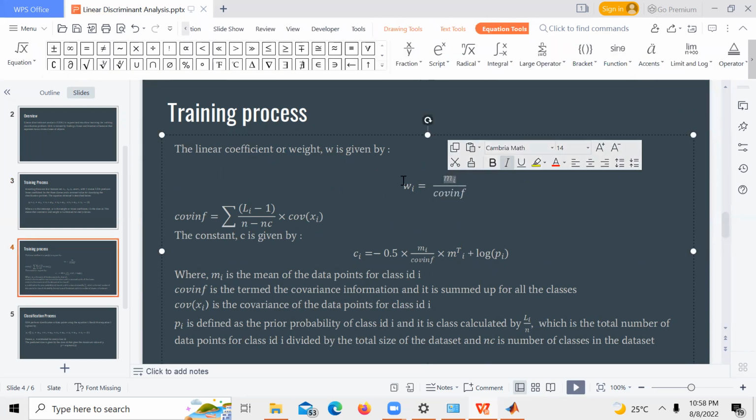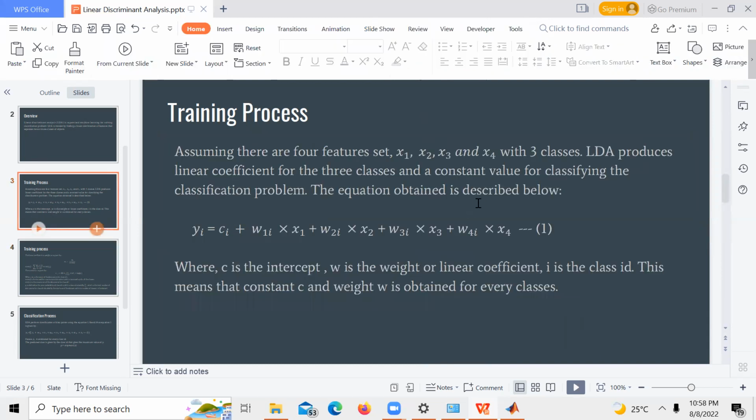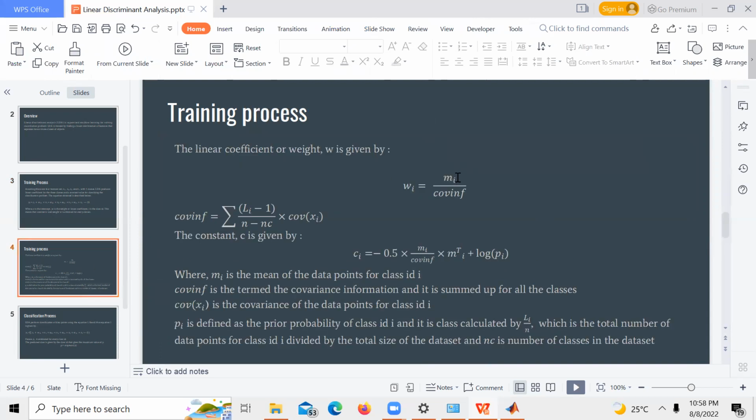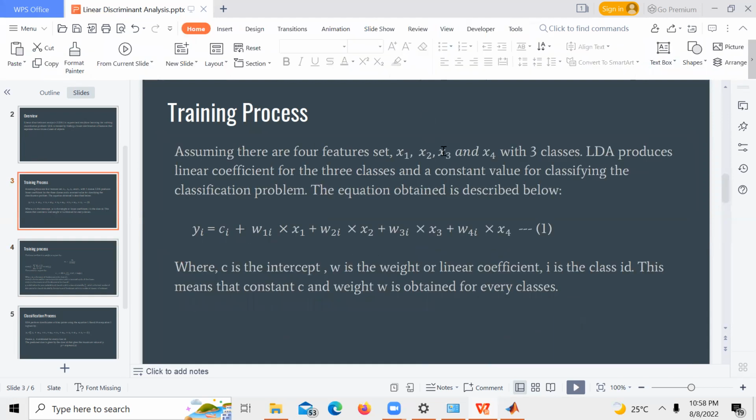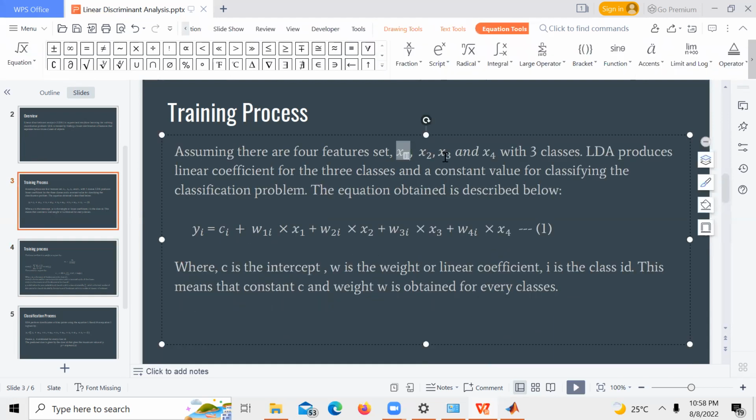So Mi is a set of values, the mean for each feature. In this case, where we have four features, Mi will be a vector of 1 by 4, which means that for x1 we have a mean value, for x2 we have a mean value, for x3 we have a mean value, and for x4 we have a mean value. So for the training class ID1, we have four mean values, which define the mean of these features.